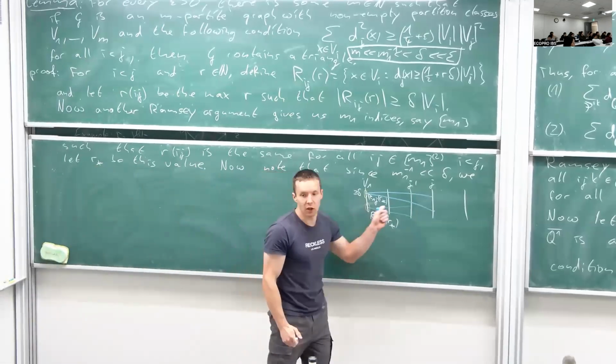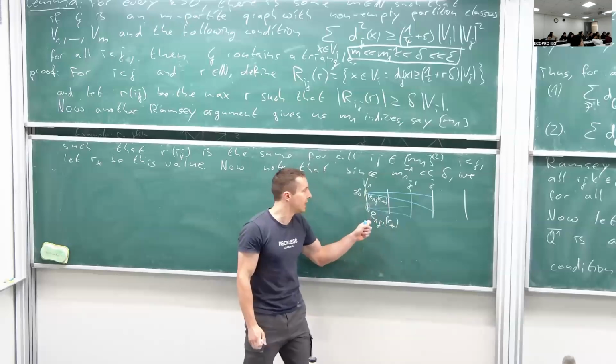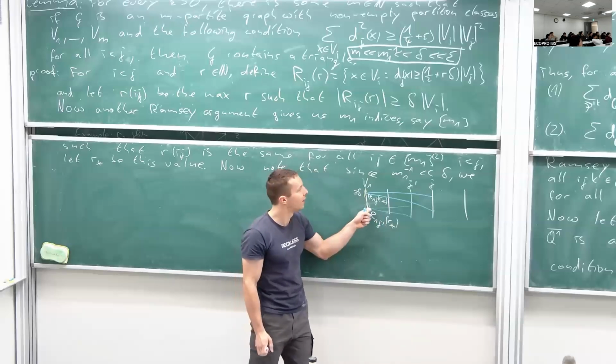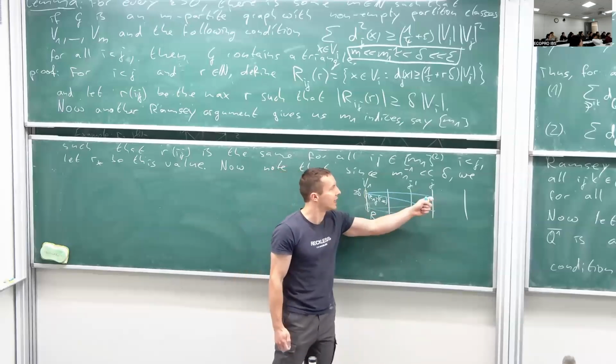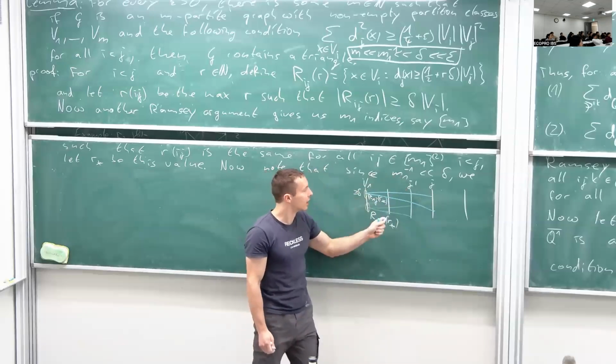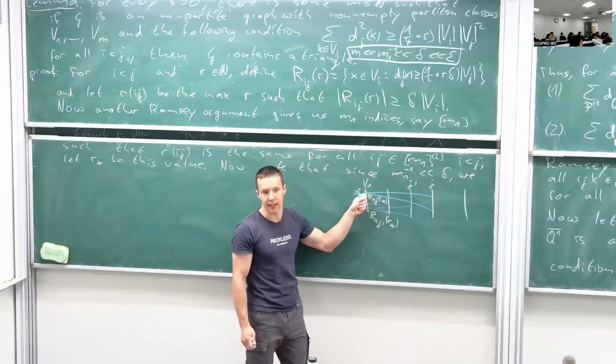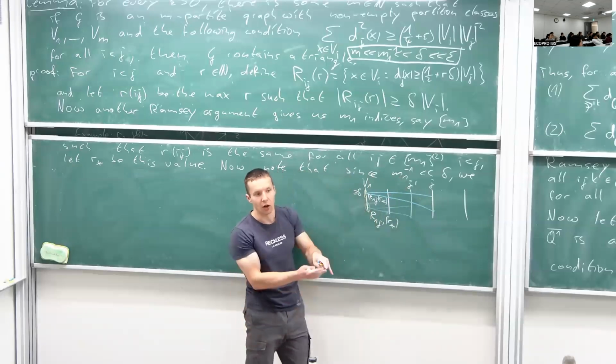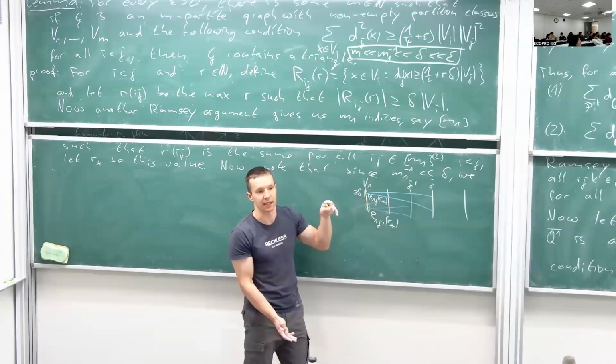But since we have so many indices, we have many sets here, right? We have our M1 indices, and maybe one of them is 1, but since we're much larger, and since each of these sets is a delta proportion, by pigeonhole, we know that two of them must intersect.